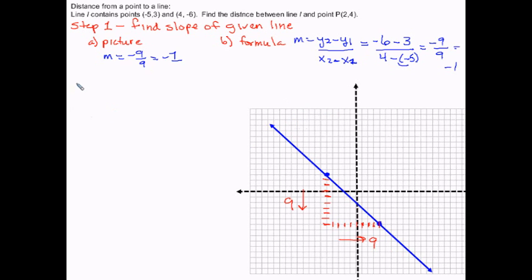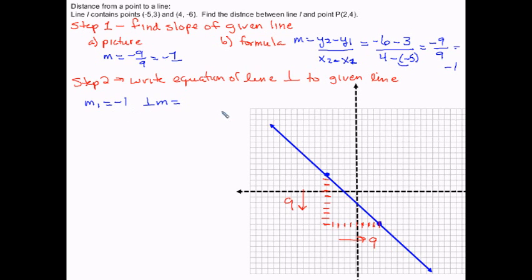The next thing we want to do is write the equation of the line perpendicular to the given line. If our original slope is negative 1, our perpendicular slope is going to be the reciprocal.